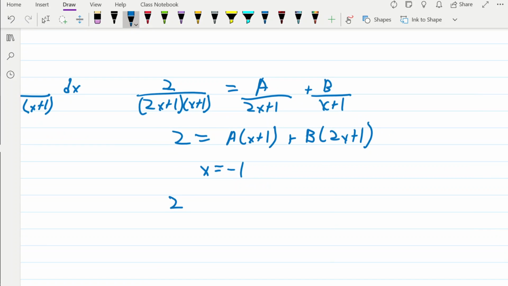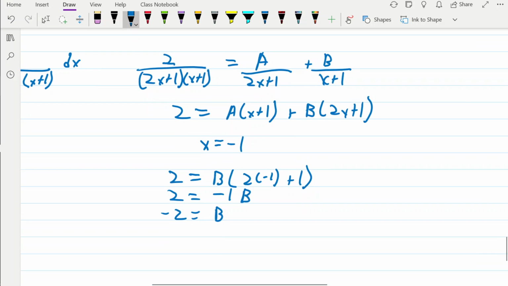So we're going to get 2 equals, we're going to cancel out this first part, so it's going to be b times 2 times negative 1 plus 1. So 2 equals, that's going to be negative 2 plus 1, that's going to be negative 1, so negative 1b. So b is going to equal negative 2. Then we can also put in negative 1/2 for x.